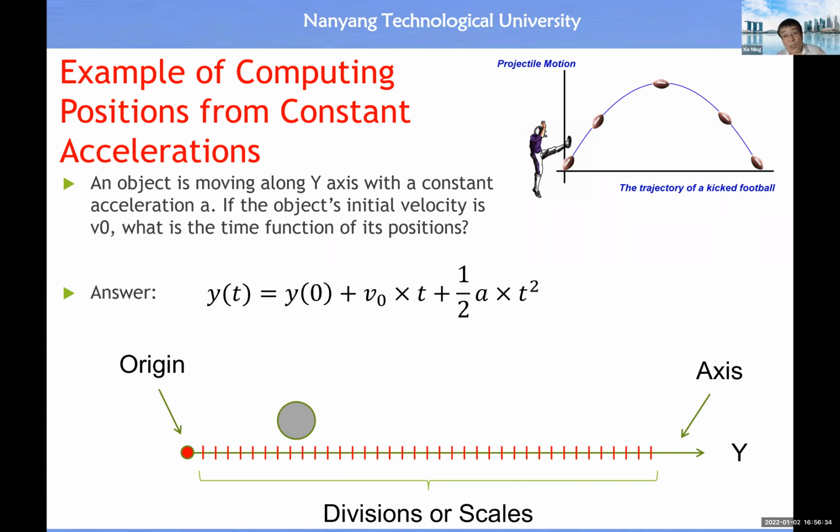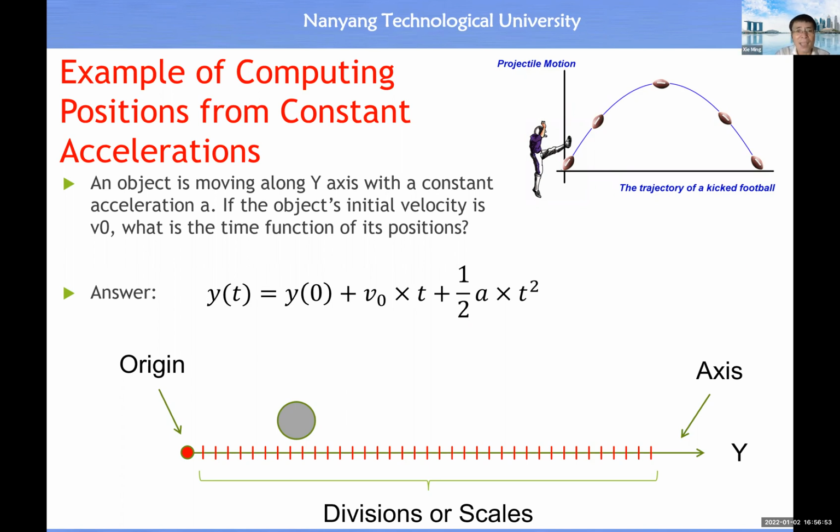Then in physics, we know that if an object undergoes a motion along the y-axis with a constant acceleration a, by default, if the y-axis is vertical, then a equals g, the gravitational acceleration.